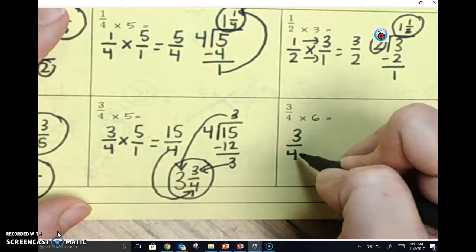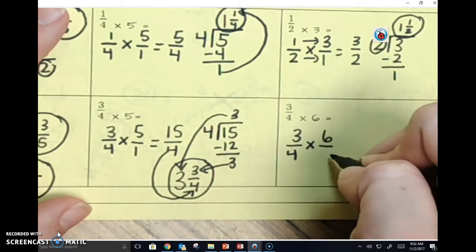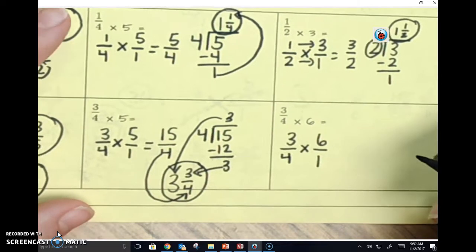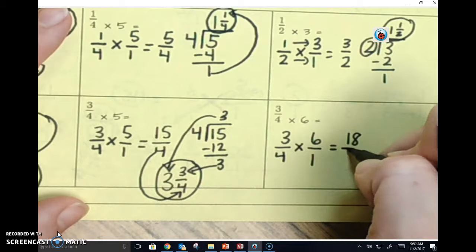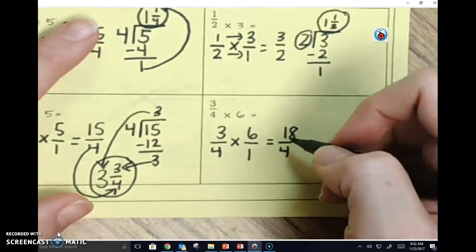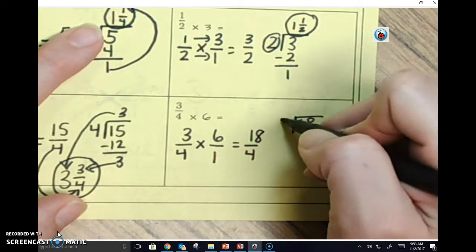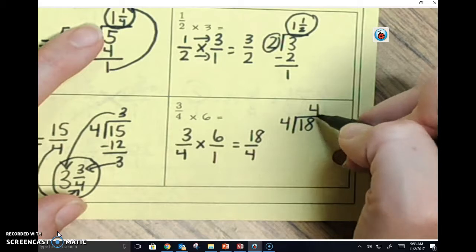3/4 times 6 over 1. Those of you that want to cross cancel, go ahead. And you'll get 18 over 4. So we're going to do 18 divided by 4. 4 goes into 18 4 times.